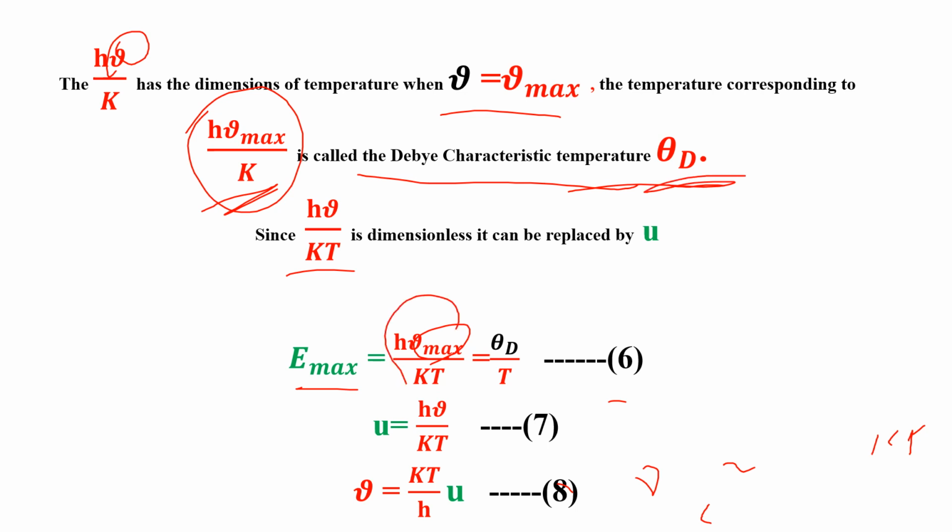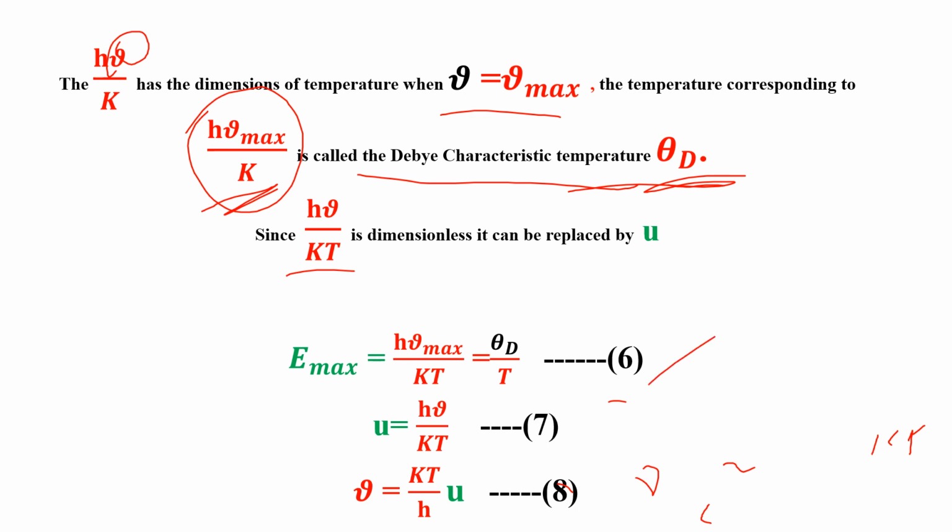So instead of h nu max by k, you can substitute theta d, and the whole equation becomes theta d by t. So in equation 6, you can see E max is equal to theta d by t. Please note down equation 6.